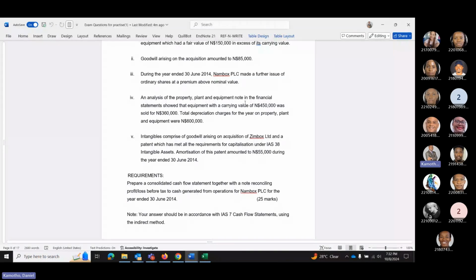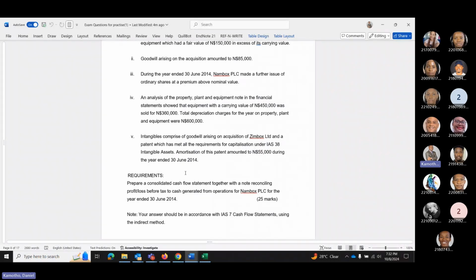Ideally, we have said we need to do a statement of cash flow. If you have read my notes, it says whenever you are told like this, the first thing you do is the framework. First, we always have enough paper. So you decide one page is for the statement.